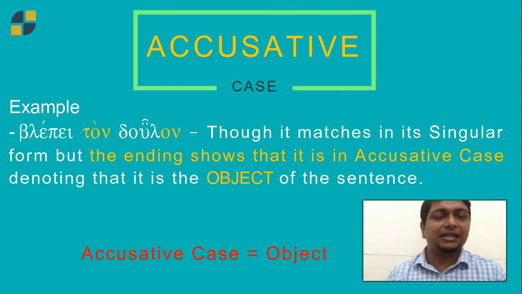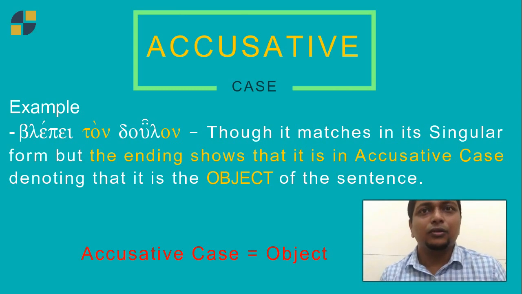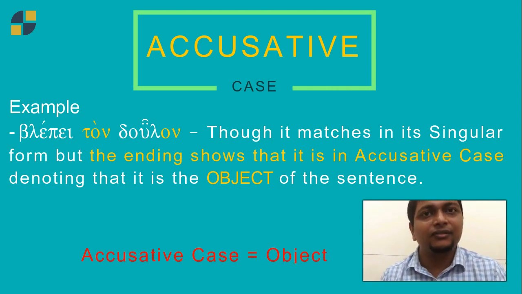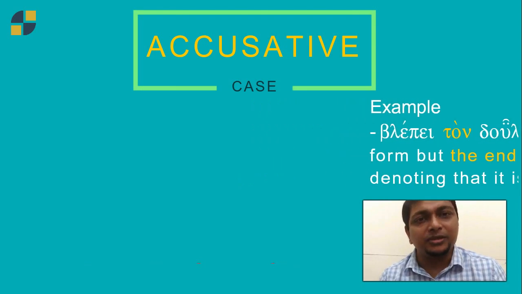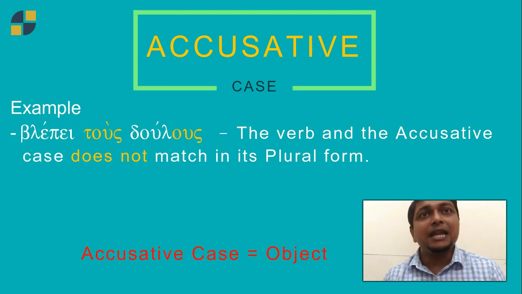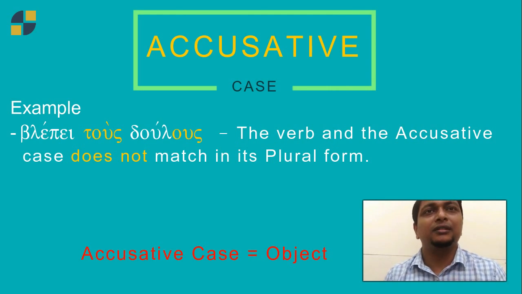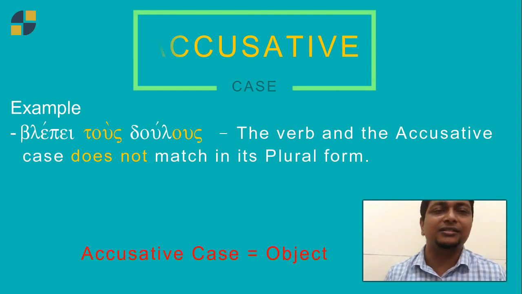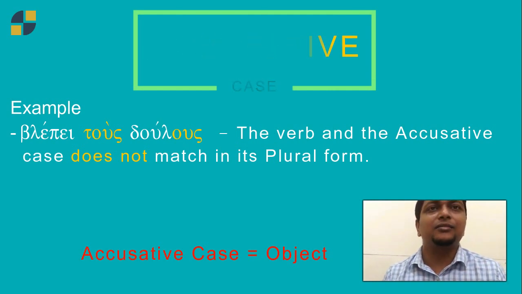You can see that in this sentence it matches in its singular form, but the ending shows that it is in the accusative case, which is the object. Secondly, blepei tous doulous. The verb and the accusative case do not match in this context in plural form.